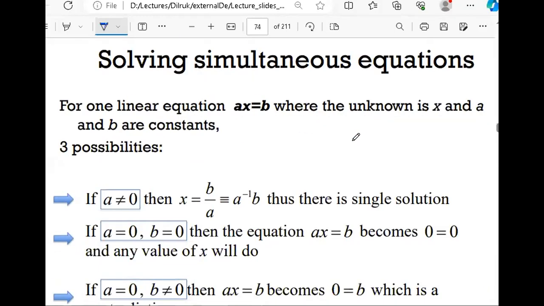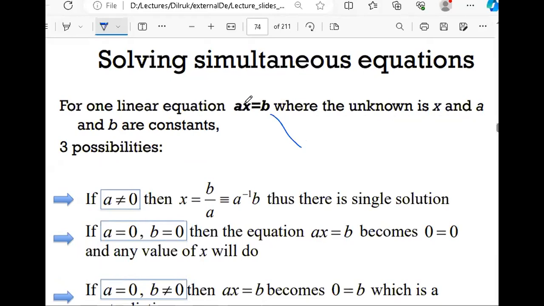Let's assume we have a very simple equation, ax = b. Here x is called the unknown, and a and b are known constants. So this is a simple equation in x.